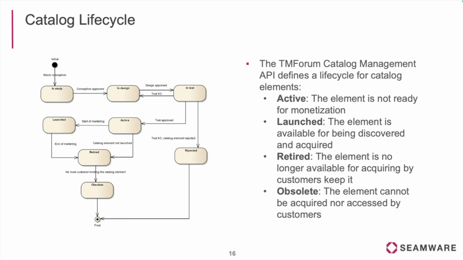They still have them in their inventories and they can still make queries on whatever they have acquired. When we decide to totally deprecate the different services and products, we change the status to obsolete. In obsolete status, the customers who purchased this can no longer access it. We have totally removed the service from our catalogs.